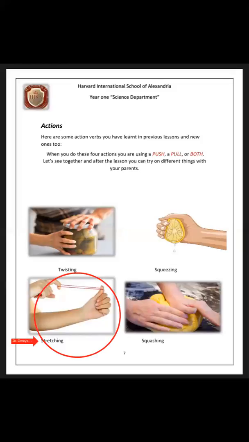She is stretching it backwards. So this kind of action is pulling. You're stretching, so you pull. Okay? You pull it because it stretches. You do not push. Stretching is pulling.